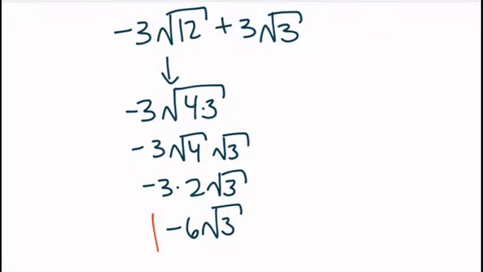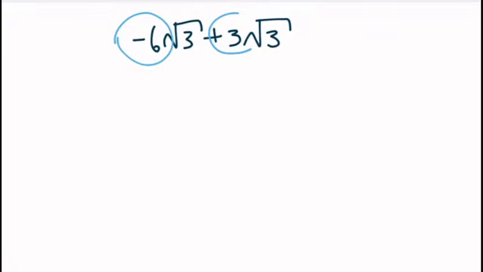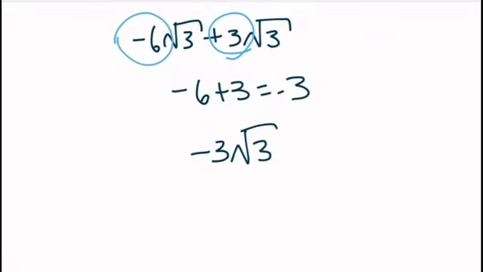Now both terms are in their simplest form, so we can add negative 6 radical 3 plus 3 radical 3. We just focus on the coefficients, and we get negative 6 plus 3 equals negative 3, or negative 3 times radical 3. I hope it's a lot easier to understand now that we've done a lot of practice problems.